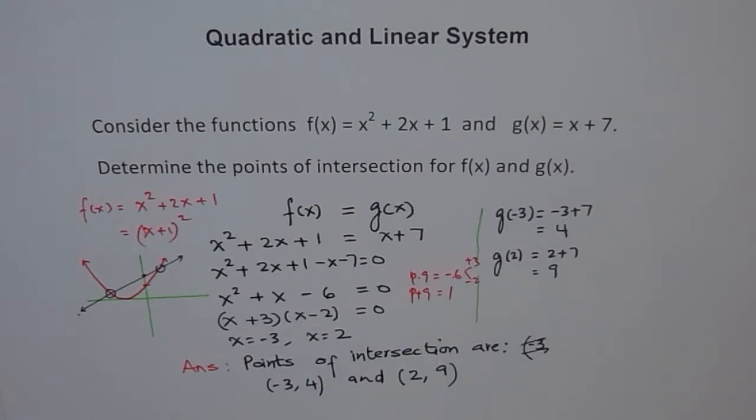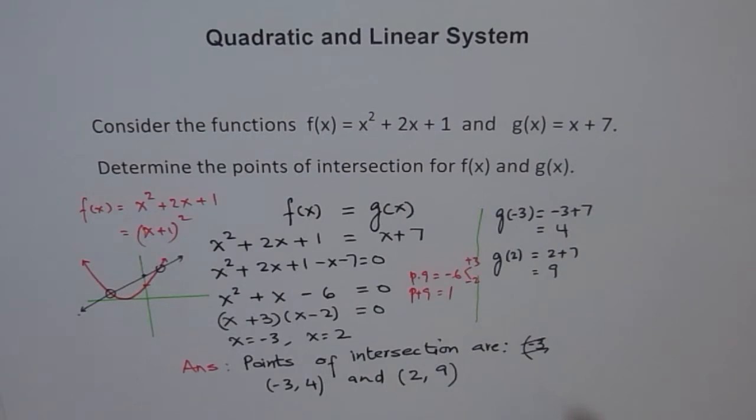But in case the points of intersection are not whole numbers, then graphical solutions can't be accurate. It's not very easy to read something like 2.25. So the graphical method will give a good estimate, but may not give you accuracy, right?